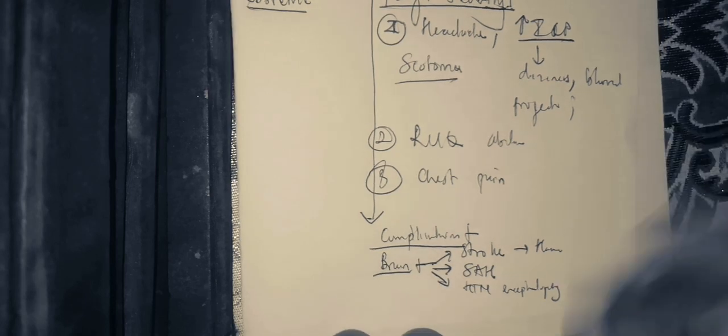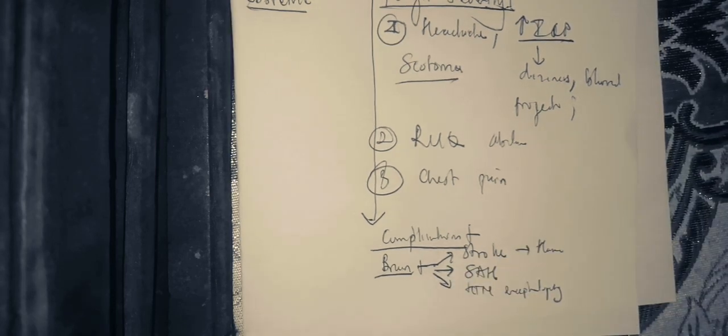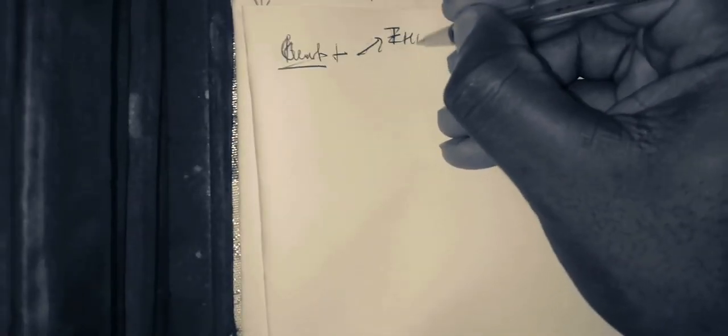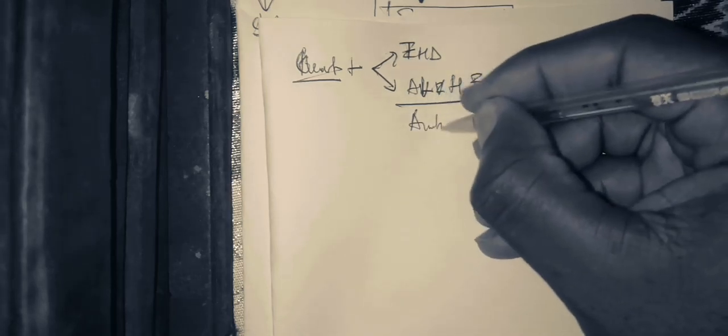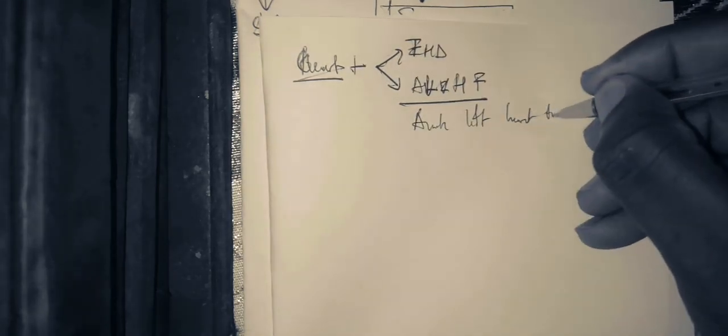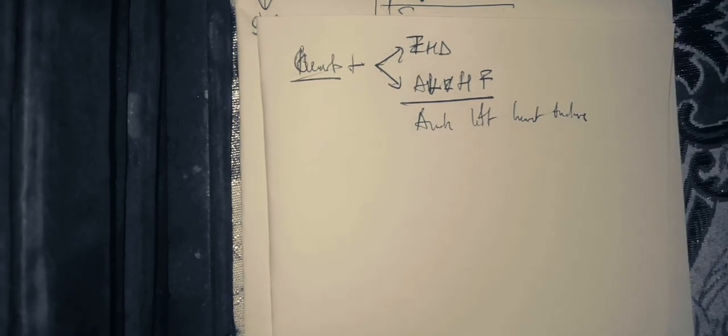Is it clear? So now the next organ which can be related to the complication of hypertension in preeclampsia, we can have the heart. Is it clear? In the heart, the two major complications: you can have an ischemic heart disease, or you can have an acute left ventricular failure, so acute left heart failure. Is it clear? Acute left heart failure can occur also because of the hypertension in case of preeclampsia.